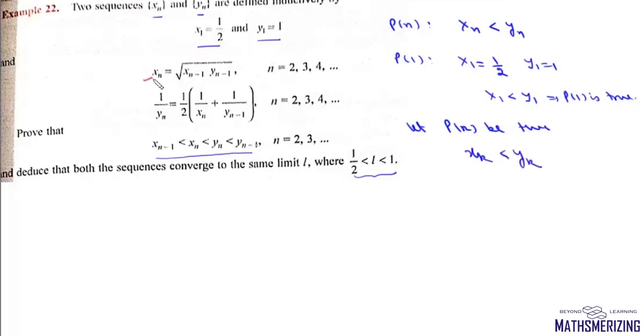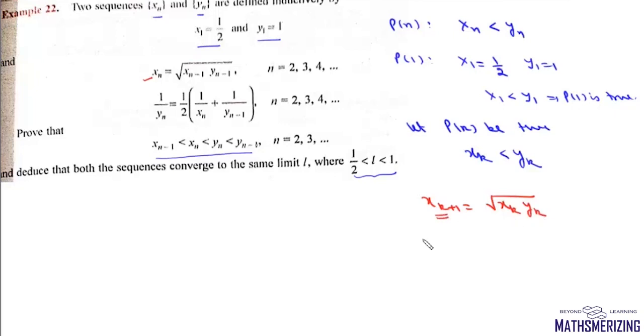Now using this relation we can write xk plus 1 is equal to under root of xk into yk, that is xk plus 1 is geometric mean between xk and yk.